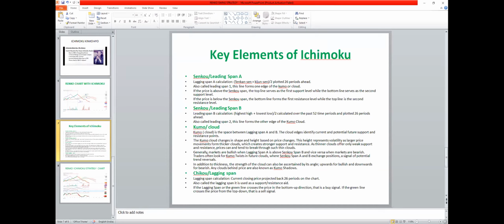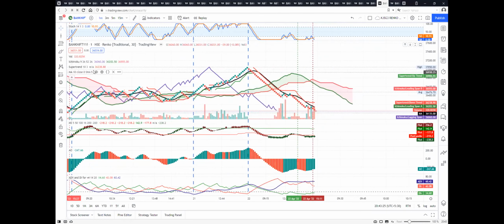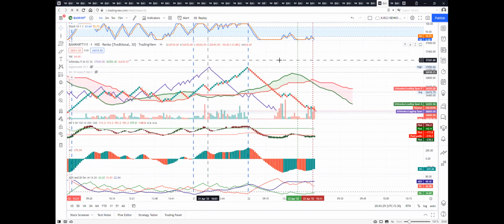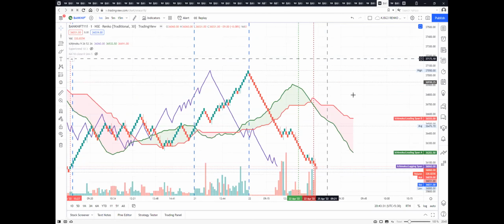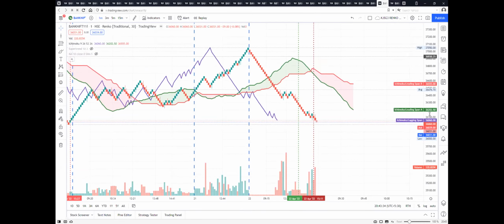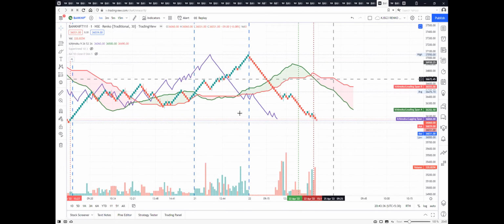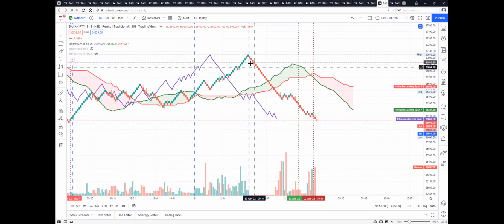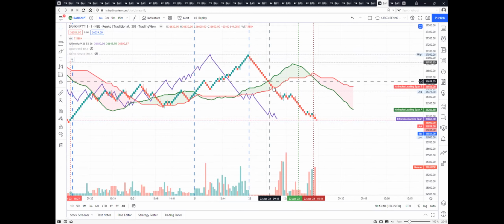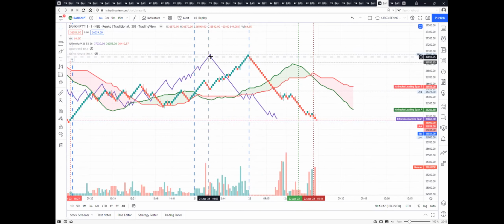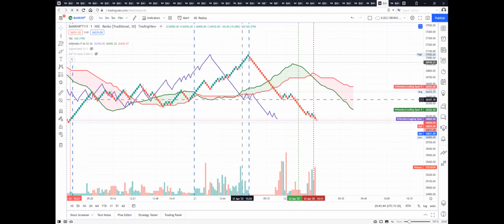Let me go to this. I want to hide other indicators here, so you can see the body. See, yesterday when the market started, at that time itself it came down. So this was the lagging span, it also came down.